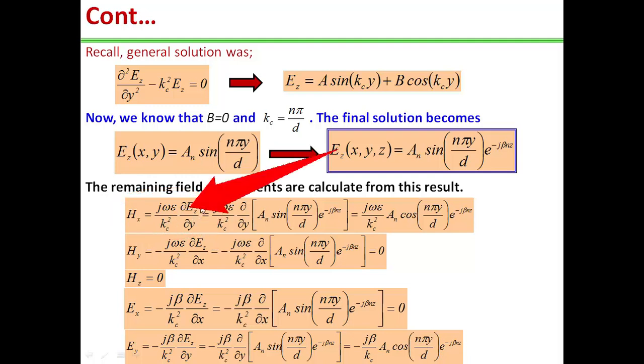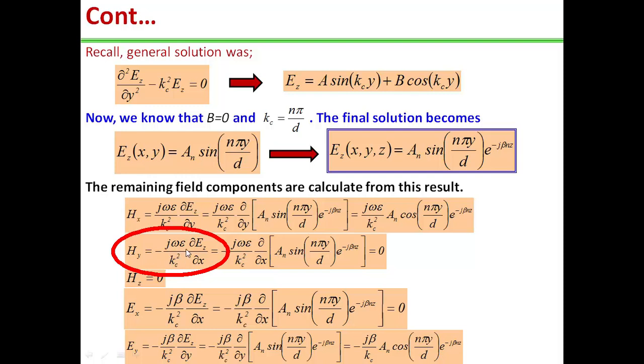After putting the value of Ez and differentiating with respect to y, we will have Hx is equal to j omega epsilon divided by Kc square An cos(n pi y by d) e to the power minus j beta n z.